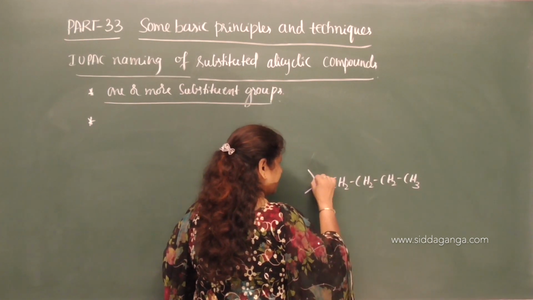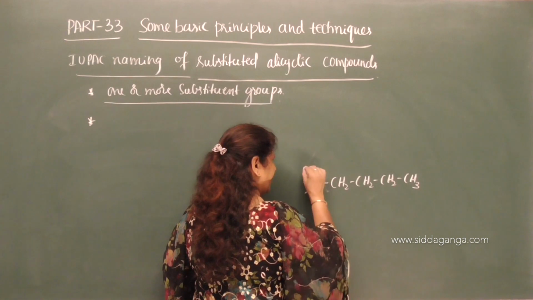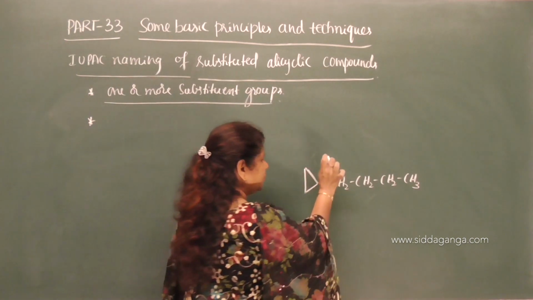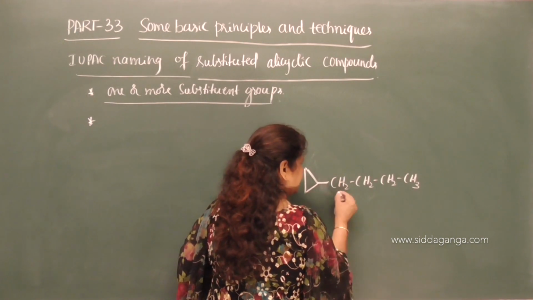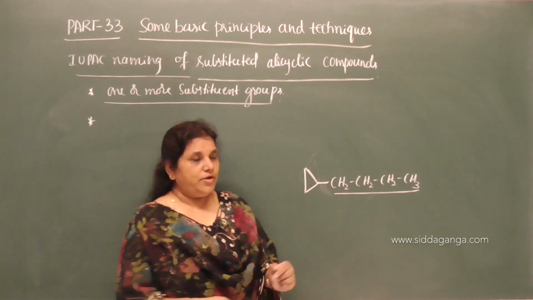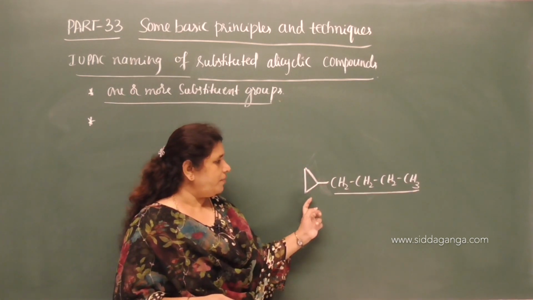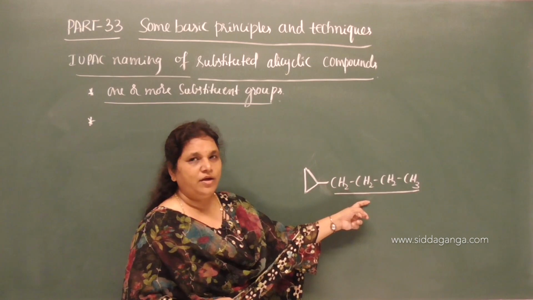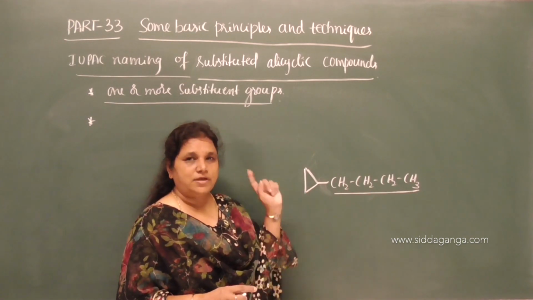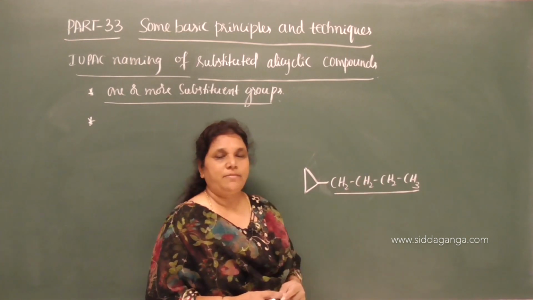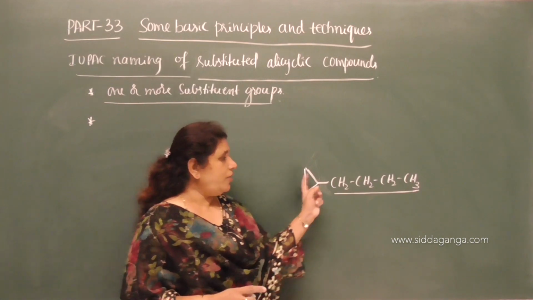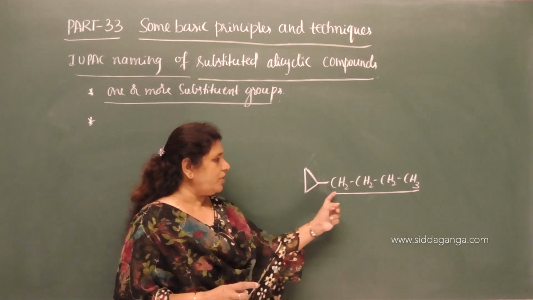The alicyclic ring contains 3 carbon atoms, correct? And it gets attached to the side chain, which contains 4 carbon atoms. Whenever the alicyclic ring is attached to a side chain which contains an equal number of carbon atoms or more carbon atoms than the alicyclic ring, then we have to name it as a substituted alkane.